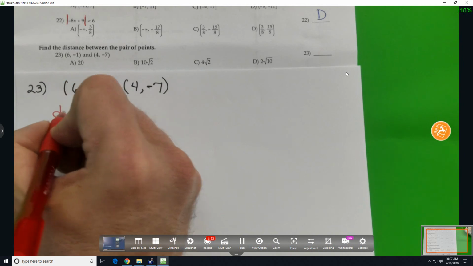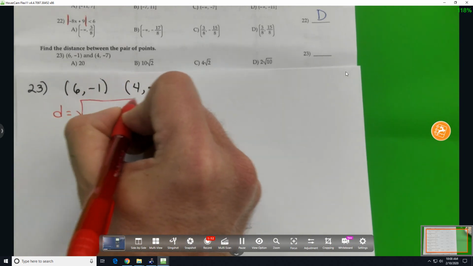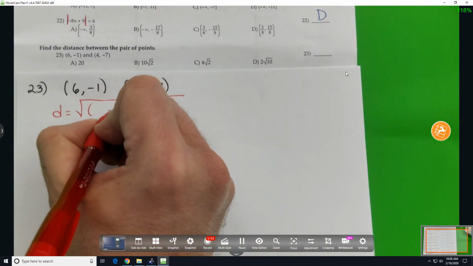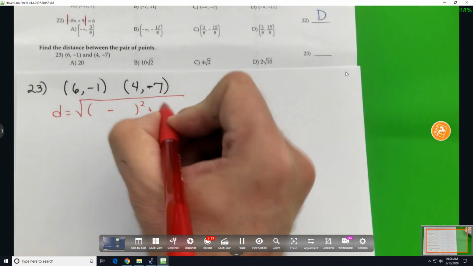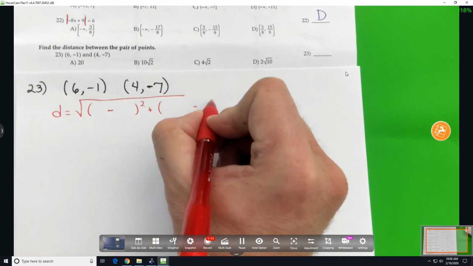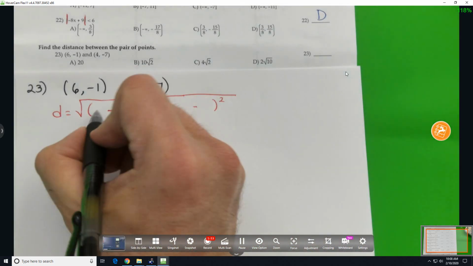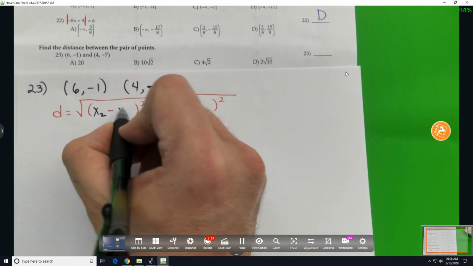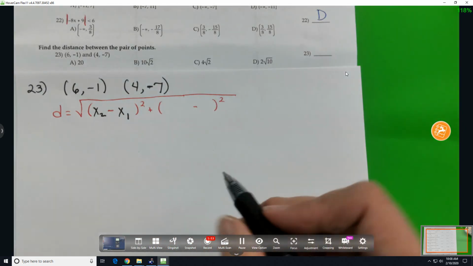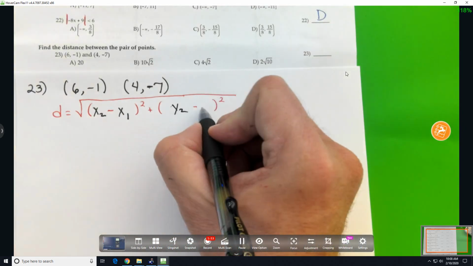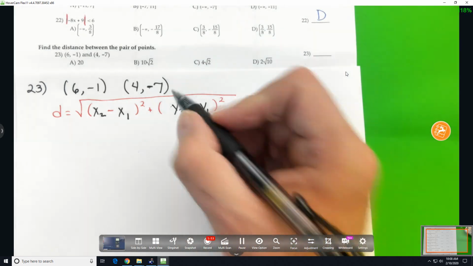Here's the distance formula: the square root of second x minus first x squared plus second y minus first y squared.